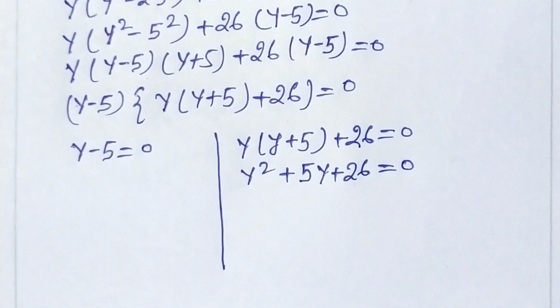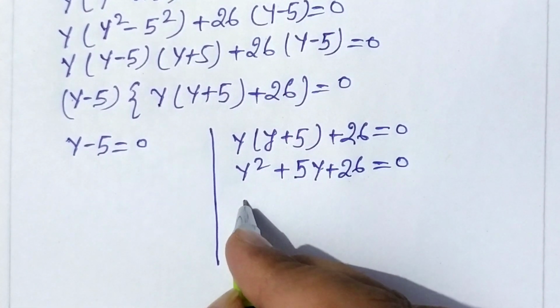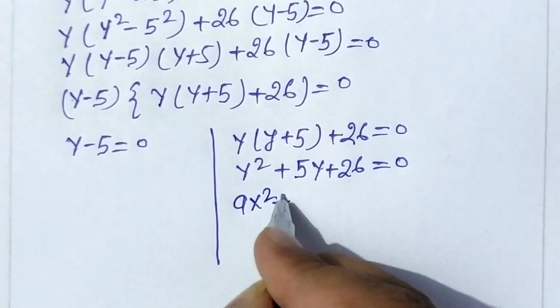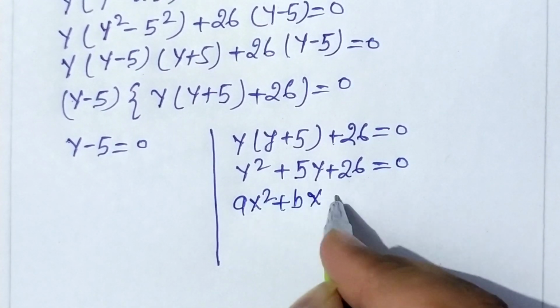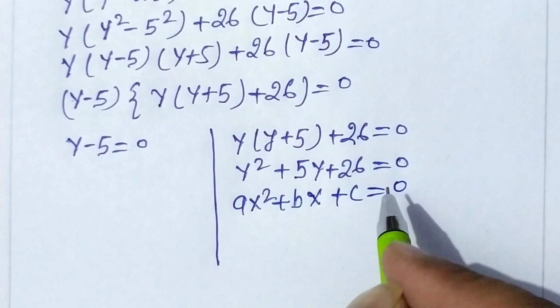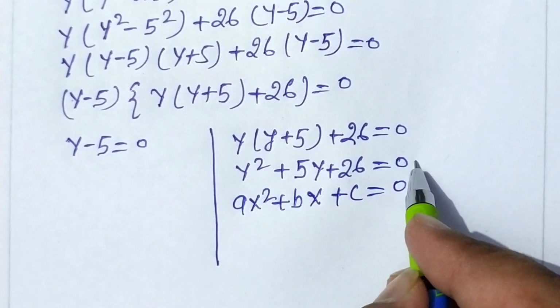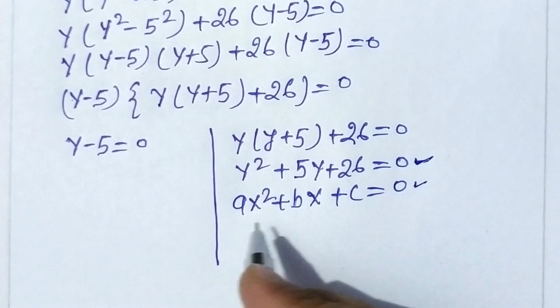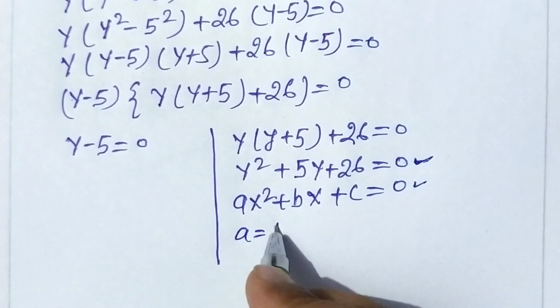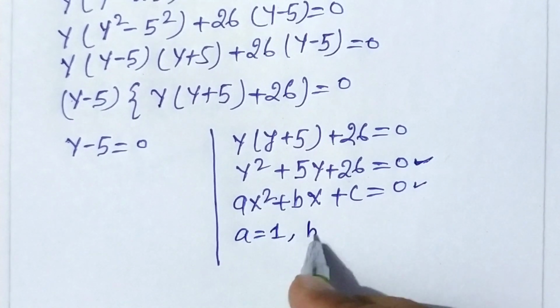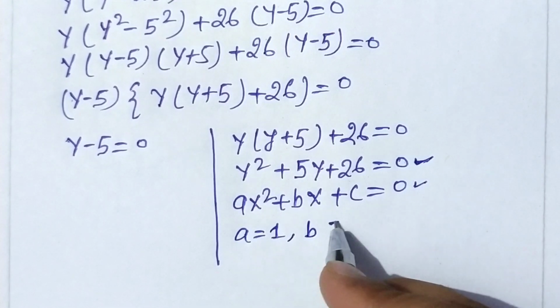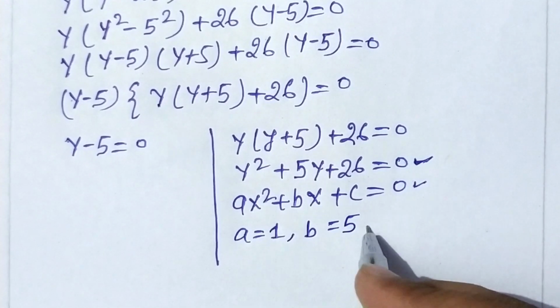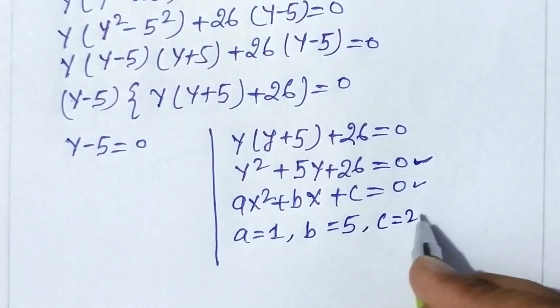Here we know that the quadratic equation is ax square plus bx plus c is equal to 0. When we compare this equation to that equation, we find that a is equal to 1, b is equal to 5, and c is equal to 26.